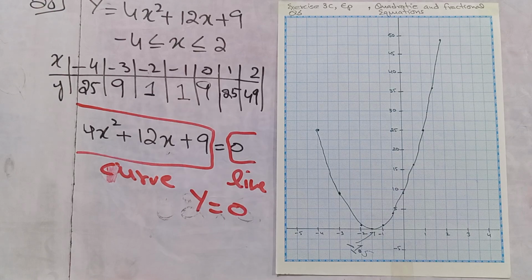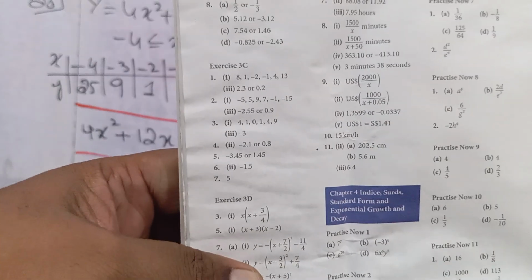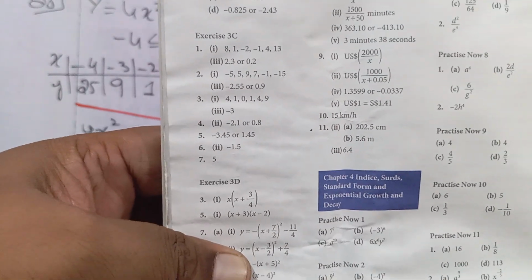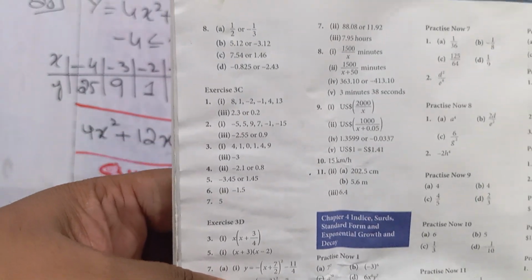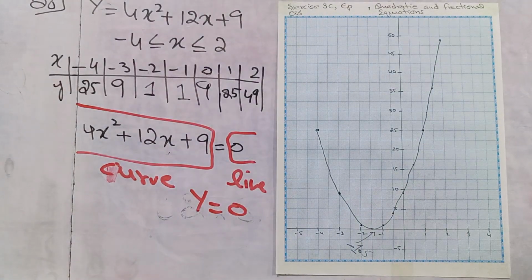Question number 6 of the exercise 3C. And yes, let me show you the answer, sir. Exercise 3C, question number 6, the answer is minus 1.5. Our answer is also the same. So this is how you will do the question number 6 of the exercise 3C.